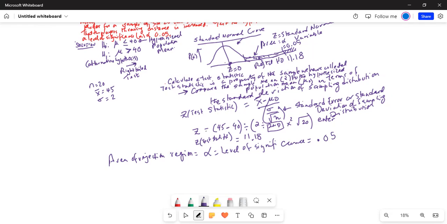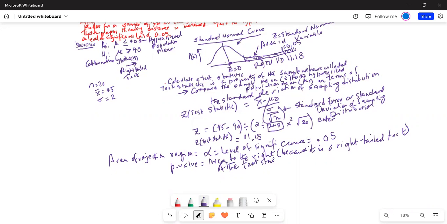That is, the p-value is the area to the right. Why to the right? Because it's a right tail test. Area to the right of the test statistic.